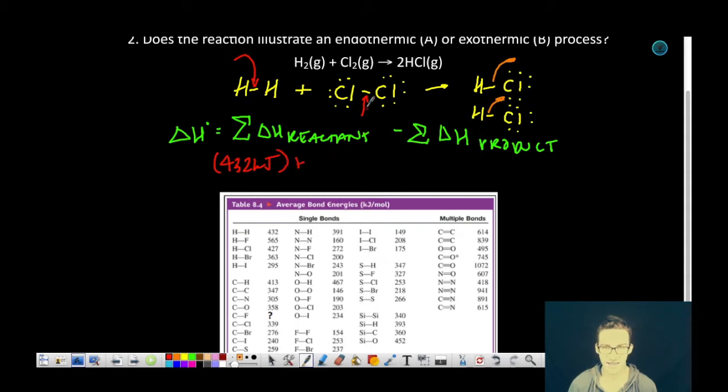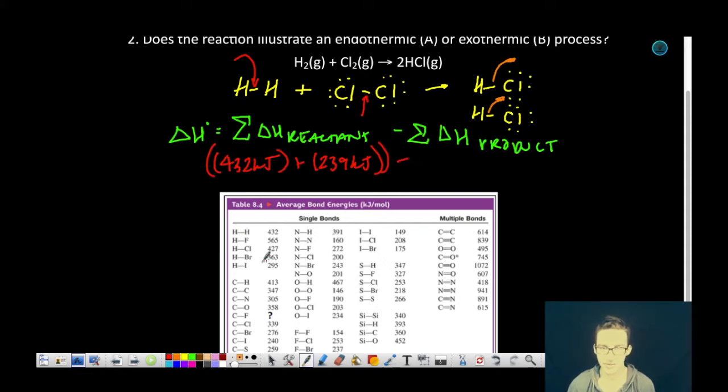We're going to add to that the energy required to break 1 mole of those chlorine-chlorine single bonds, which is equal to 239 kilojoules. And that sum is the sum of the energy that needs to go in to break those bonds.